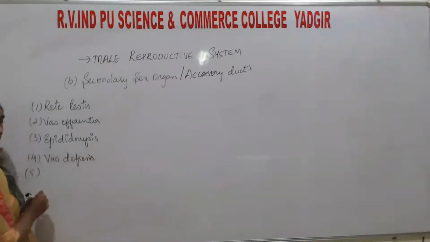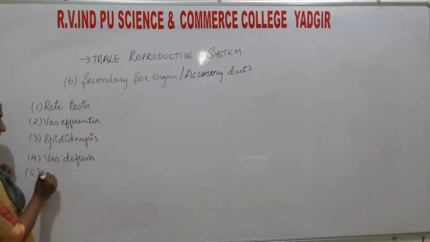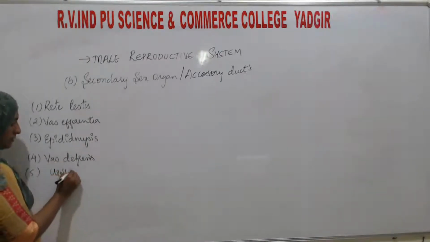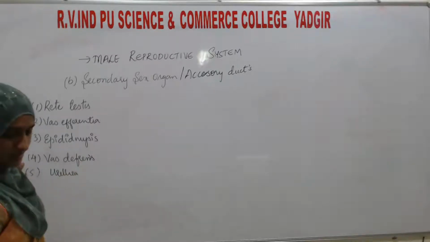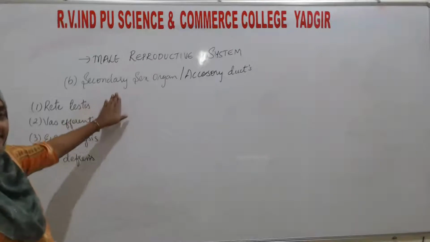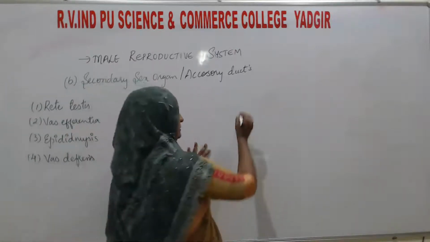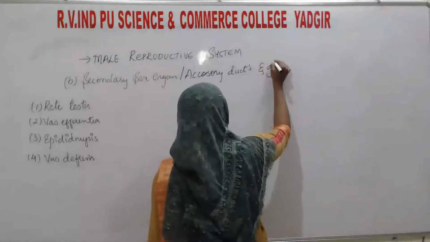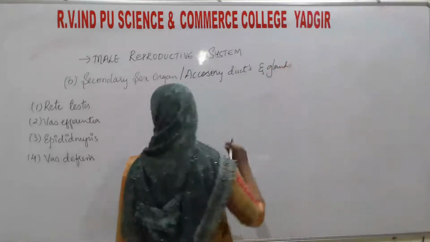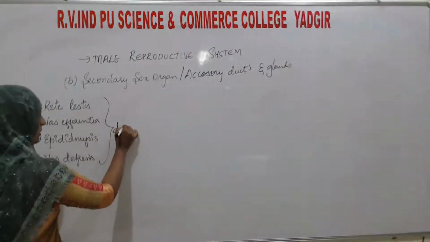Then fifth, urethra. Vas deferens, that's all. The next, here in the secondary sex organ, there will be some accessory ducts and glands. Some glands are also there. So these all are the ducts.